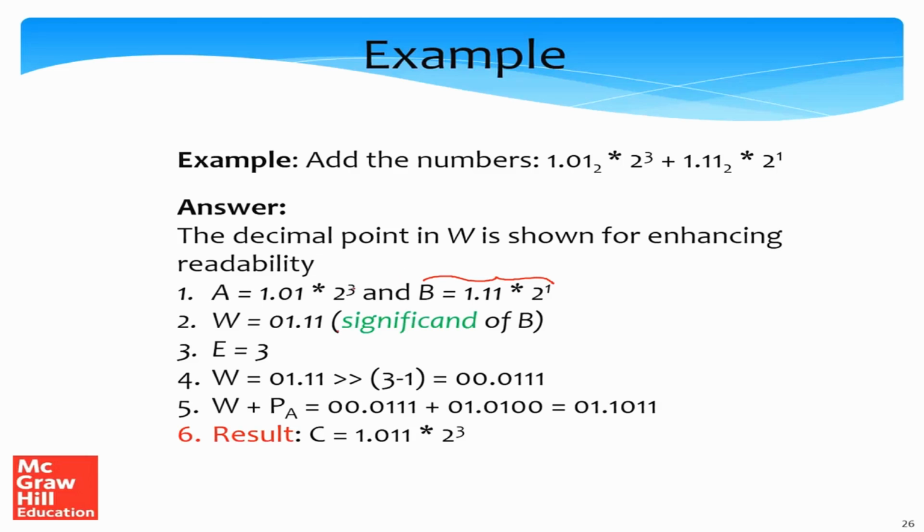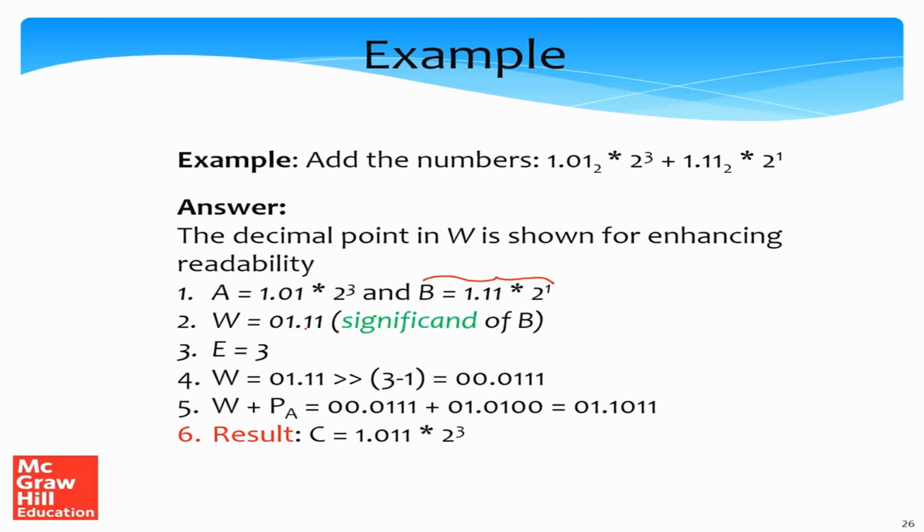So the exponent of A will be greater than the exponent of B. Also, for the sake of readability, let's not use the bias notation for E. Instead, let's assume that E is stored as is, even though in hardware that's not the case.